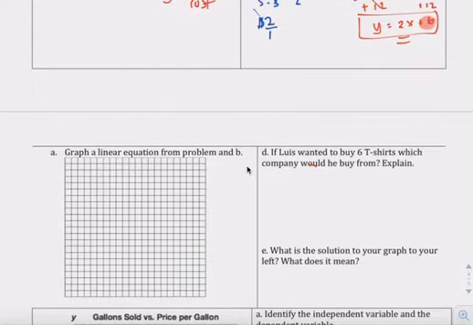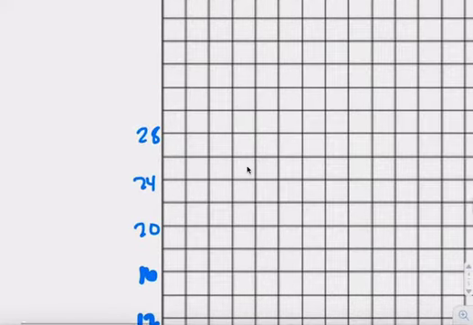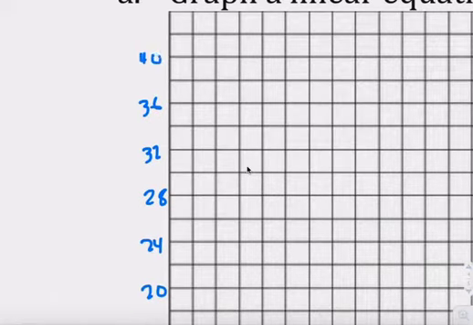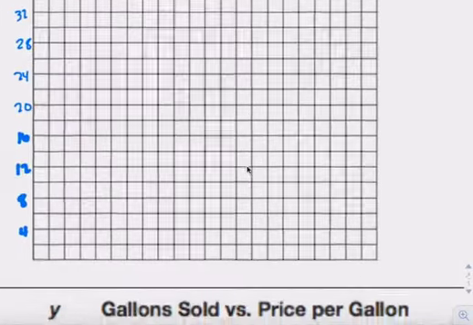You don't have to, but 2, 4, 6, 8, 10, 12, 14, 16, 18, 20, and so on up to 44. And of course the bottom by 1s.